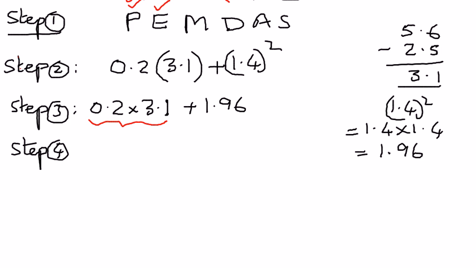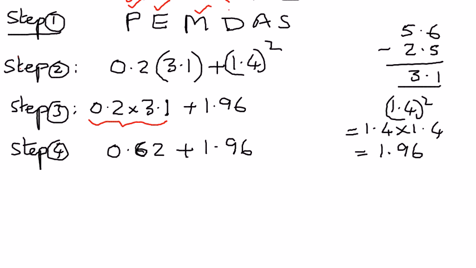In step 4, when we take 0.2 and multiply that by 3.1, the result is 0.62 plus 1.96. So we were able to perform the multiplication.